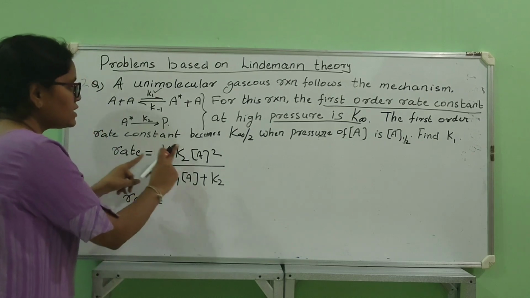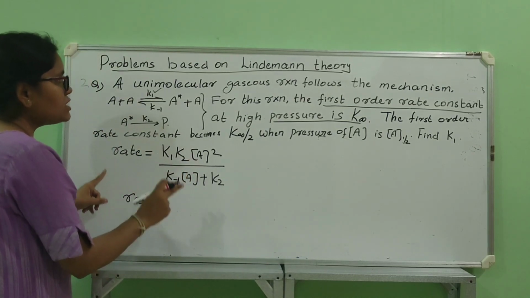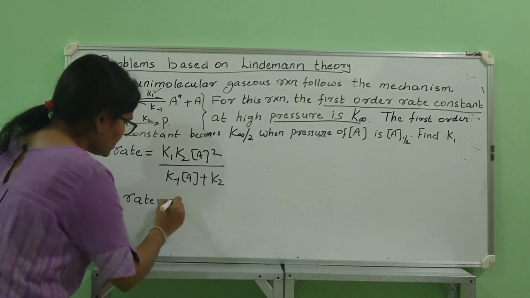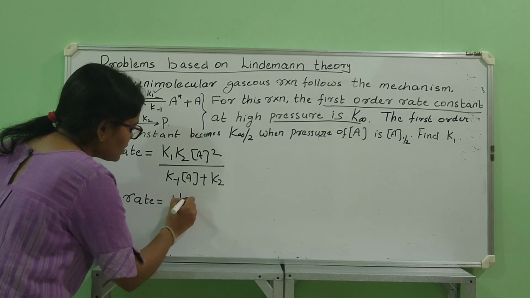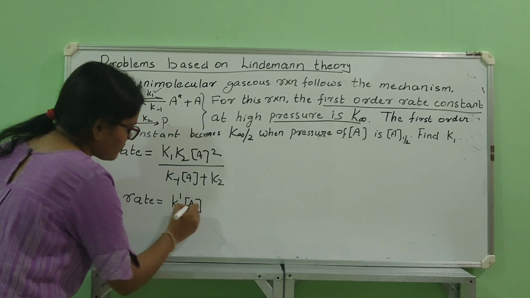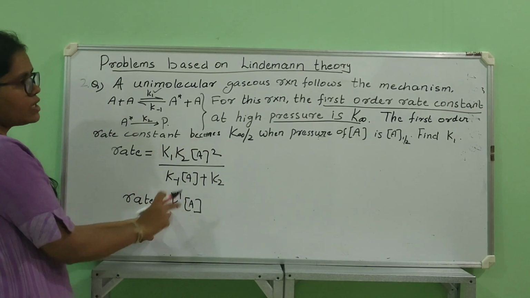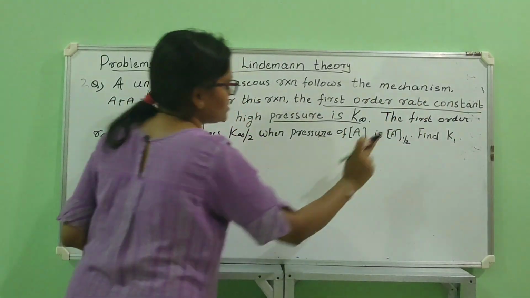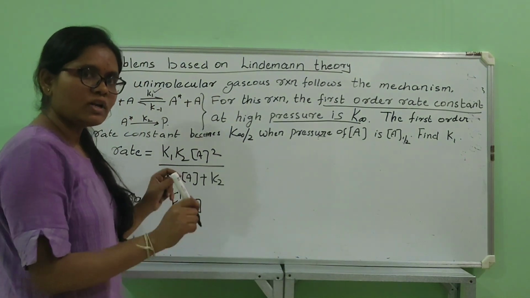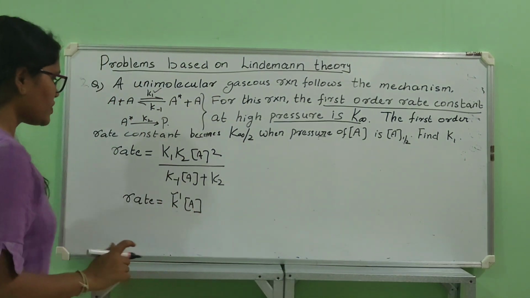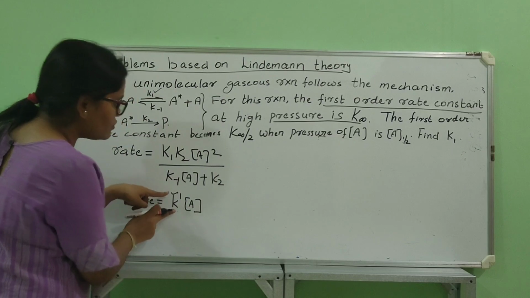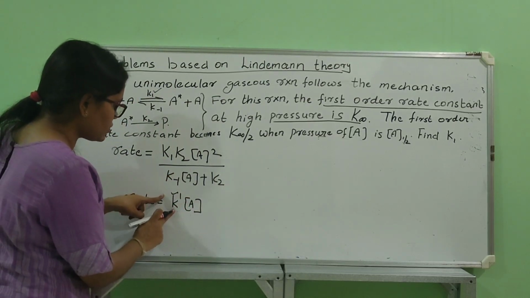This is the theoretical rate law, and the experimental rate law for unimolecular reaction is given by rate is equal to K dash into A. So this rate constant of experimental rate law is called first order rate constant, or sometimes it is also called effective rate constant. So how do you get the value of first order rate constant or effective rate constant?